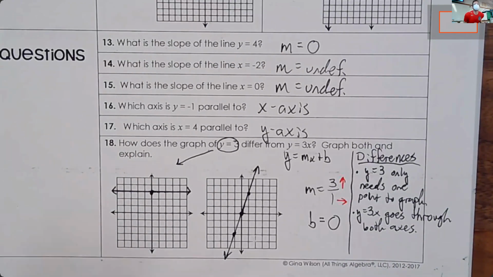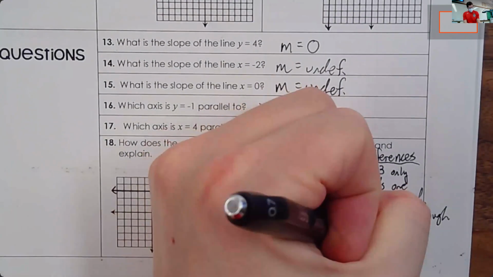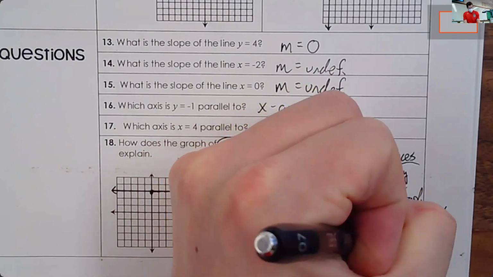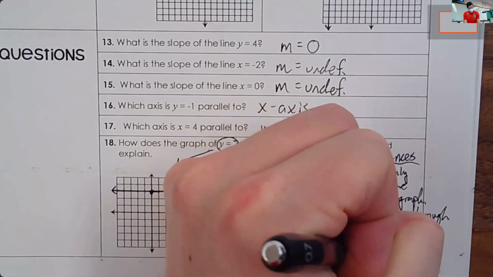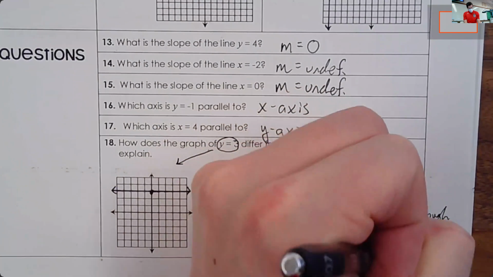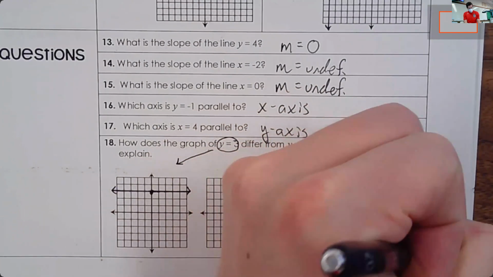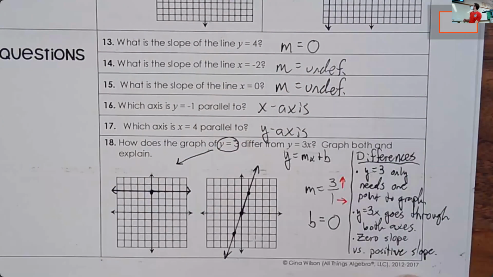Elena? What's that? So we have a positive slope and a zero slope. Yeah. So zero slope versus positive slope. Cool. I like it.